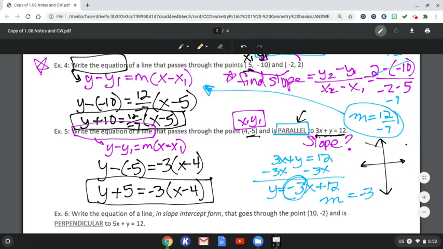So our line would kind of come in like this. And this equation, if we distribute our negative 3 and subtract over our 5, we'd have again a slope of negative 3 with a different y-intercept. So those two lines would be parallel.